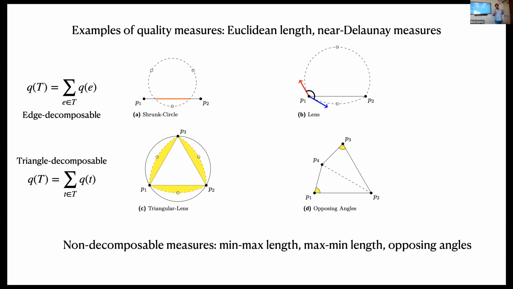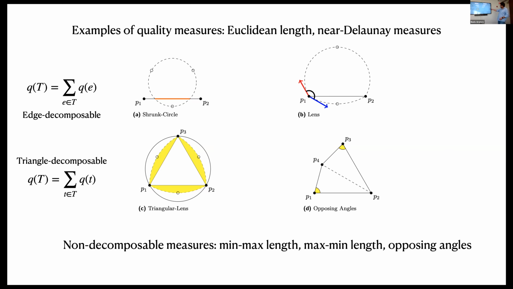That's one notion of being close to Delaunay. Here's another notion where if you have an edge, you look at the two tangents formed at this point P1. And again, if this edge was a Delaunay edge, then this thing would be a proper circle and the angle would be pi. In this case, it's less than pi.